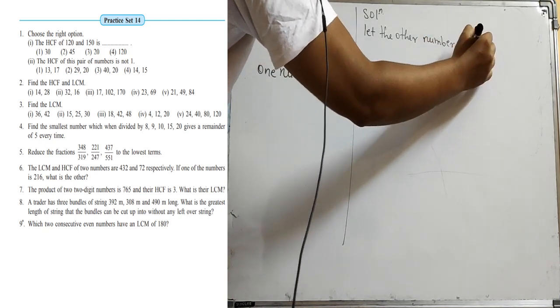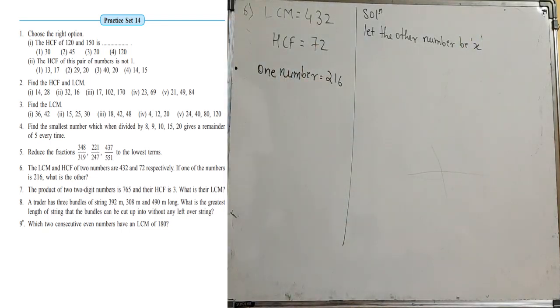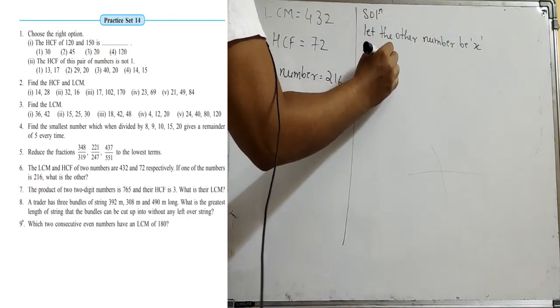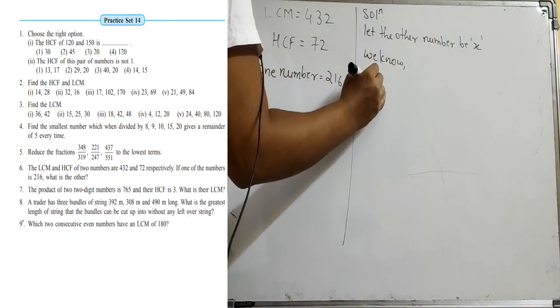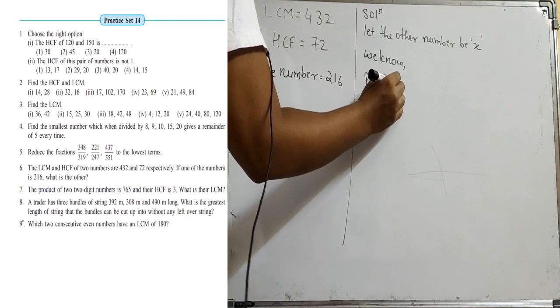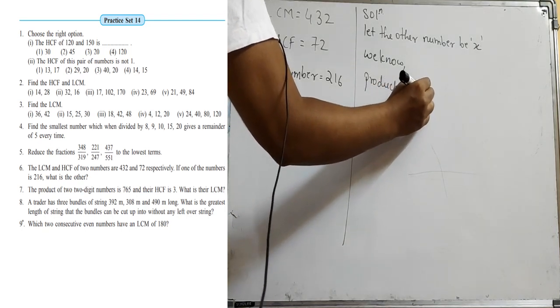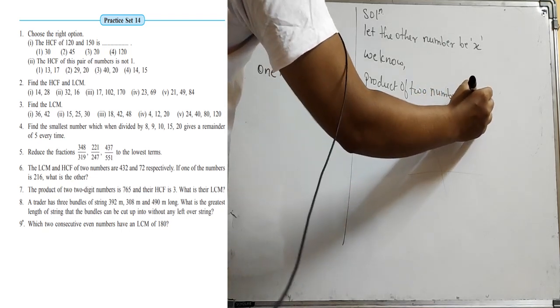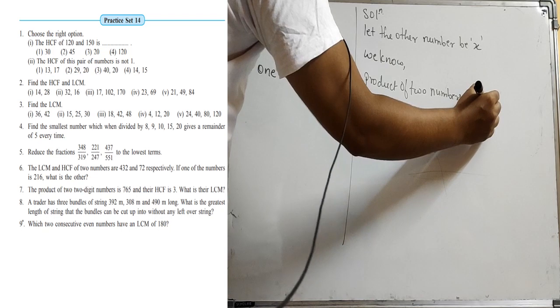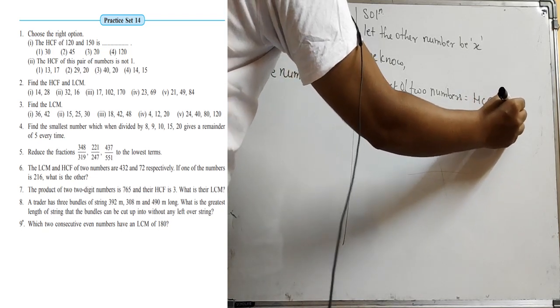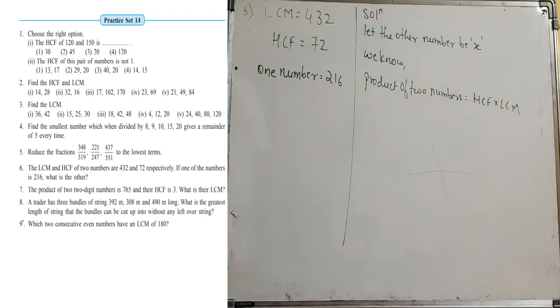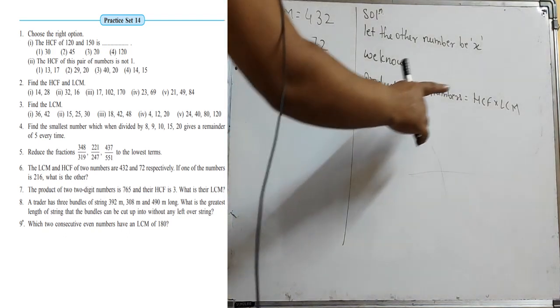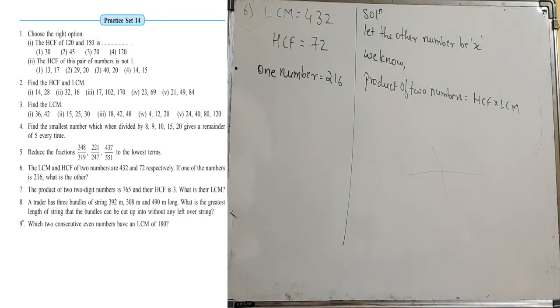Now we know the product of two numbers is equal to the product of their HCF and LCM. We have solved such types of sums in your practice set number 13. The product of the two numbers is equal to HCF into LCM.